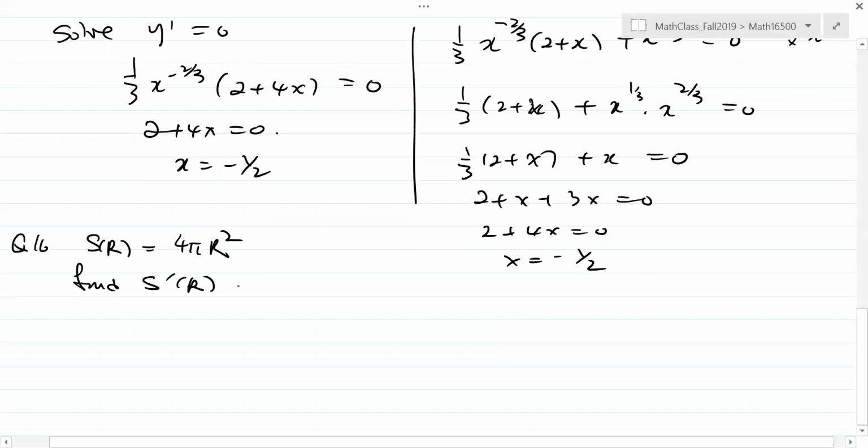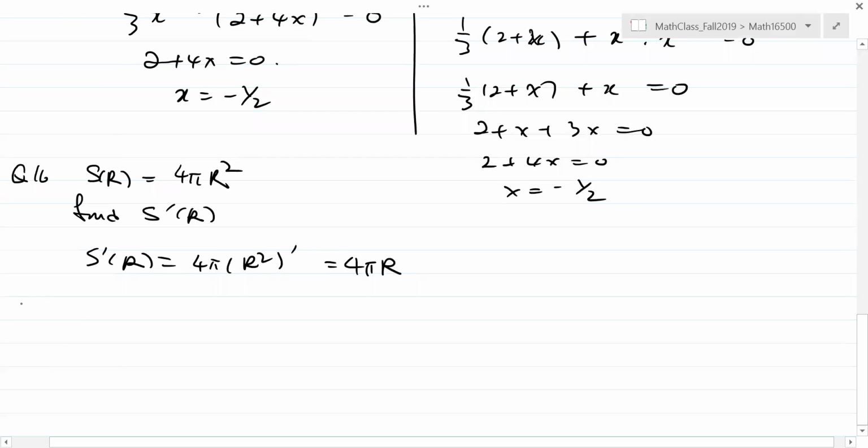I don't know why it's a problem here. This is just a special power function. So all you have to do is just differentiate r squared, right? It's going to be 4 pi r. That's it. So the input variable is r. When we say differentiate the function, it means differentiate the function with respect to the given input variable. The input variable by default is r here.